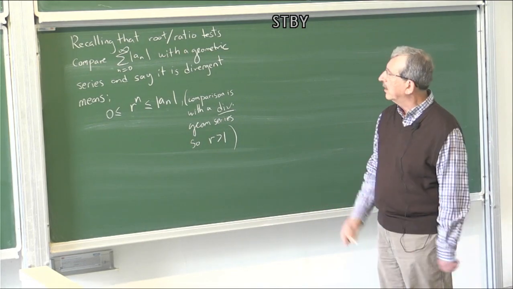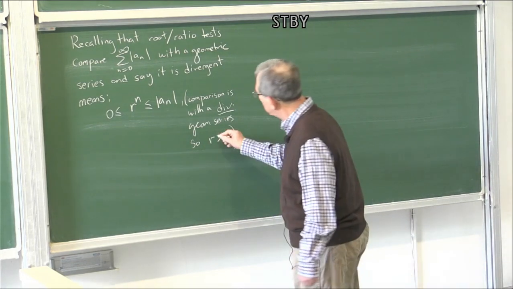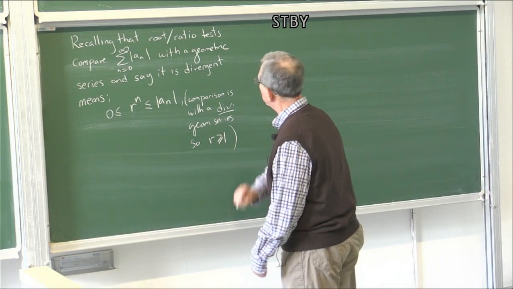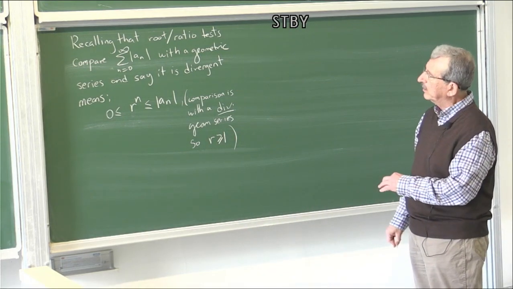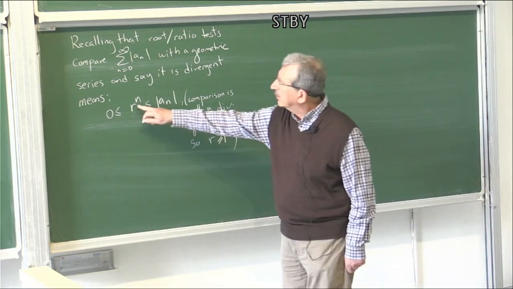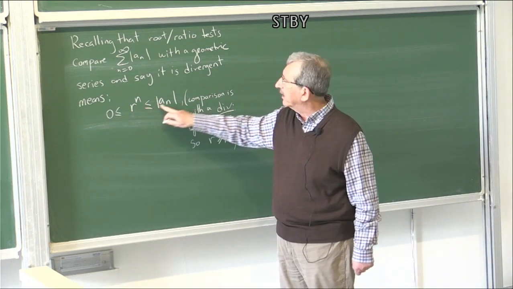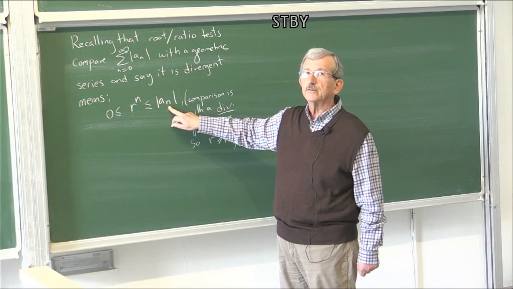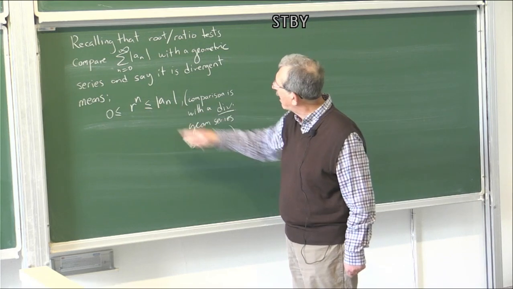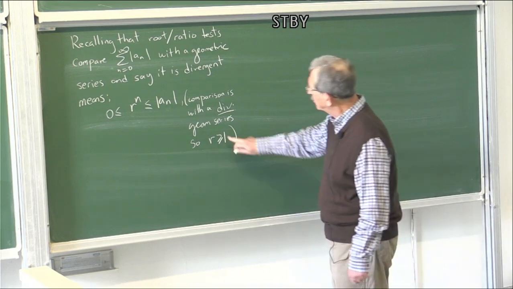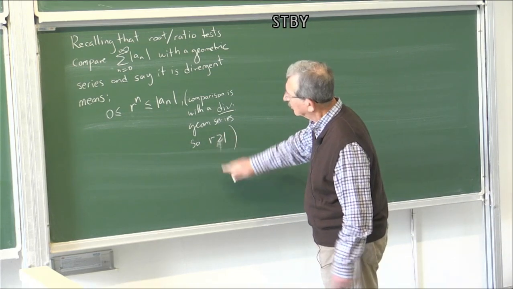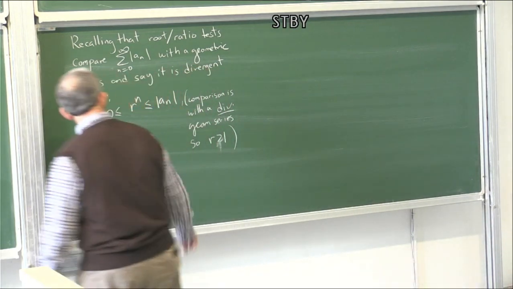If r is strictly less than 1, of course, this inequality would not say this one is divergent. So we must have r bigger than 1. Actually, it's strict anyway, so we don't care about that much. It could be equal to 1.